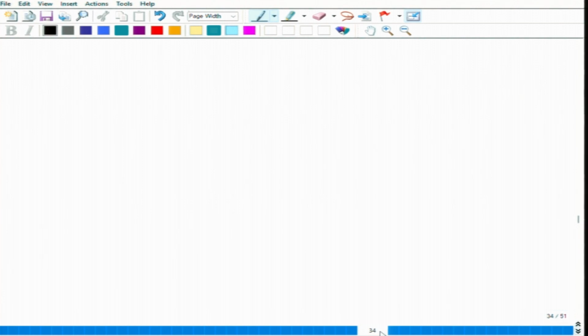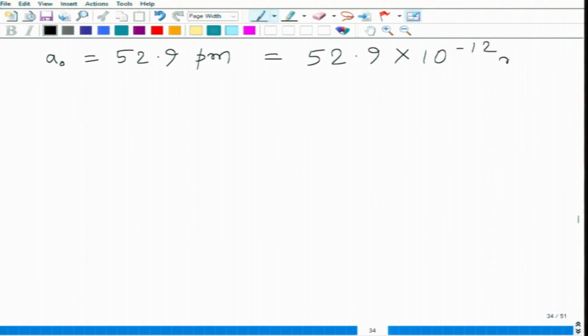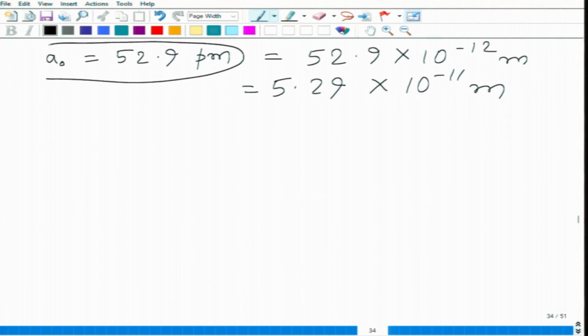Now the value of a naught is equal to 52.9 picometer or 52.9 into 10 to the power minus 12 meter, that is 5.29 into 10 to the power minus 11 meters. Okay. Now this value is known as the Bohr's radius.